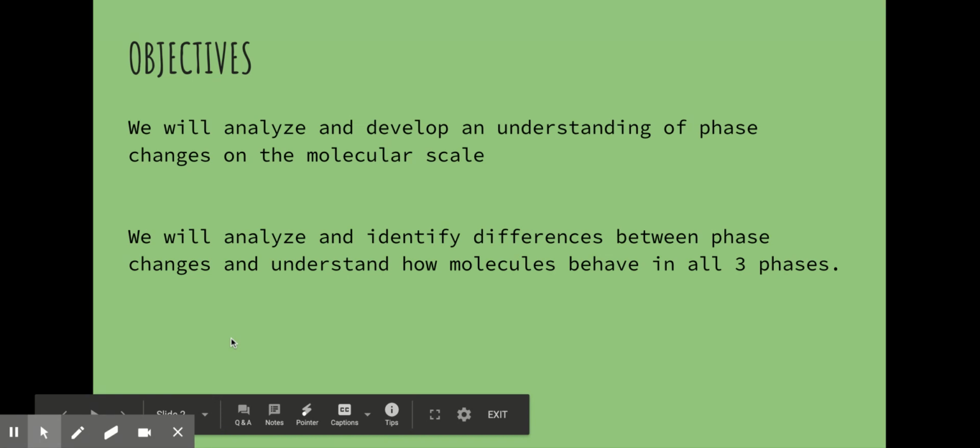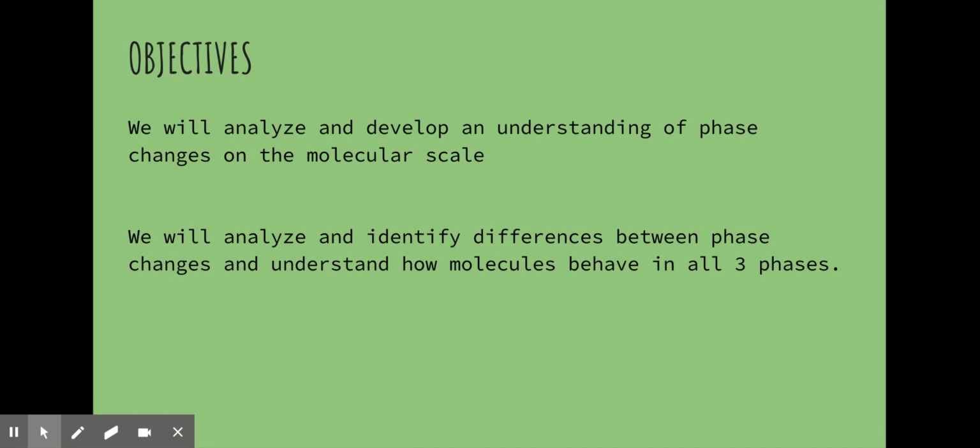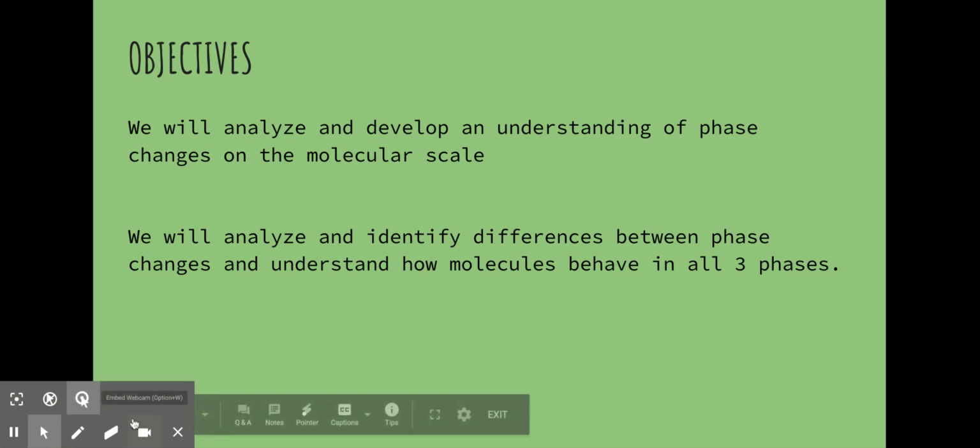So, objectives. This week we're going to be analyzing and developing an understanding of phase changes on the molecular scale. We're going to analyze and identify differences between phase changes and understand how these molecules behave in all three of the phases we've been looking at: solid, liquid, and gas.